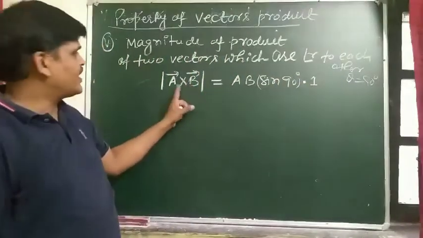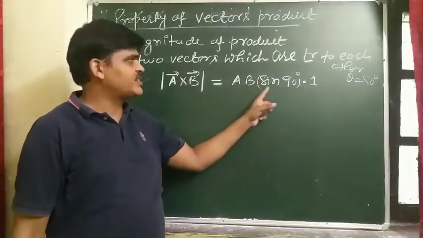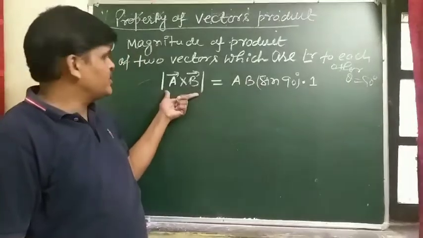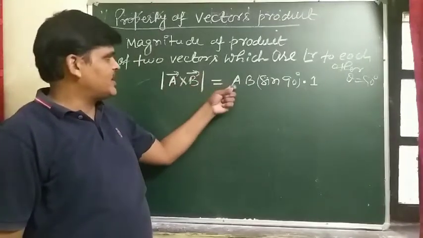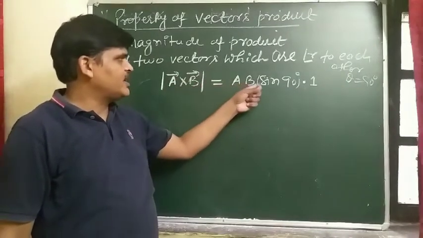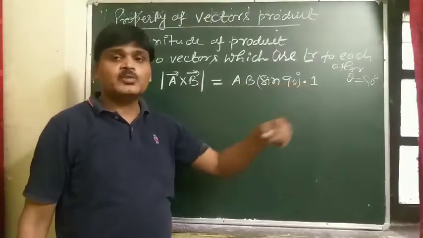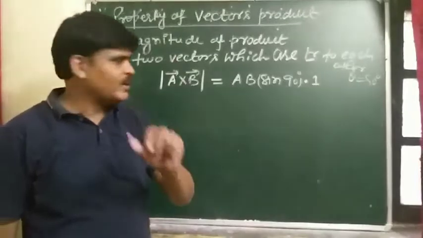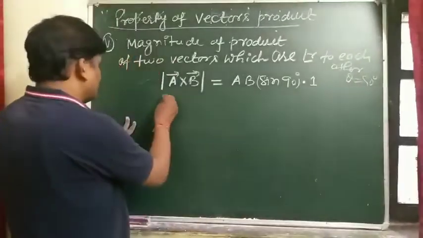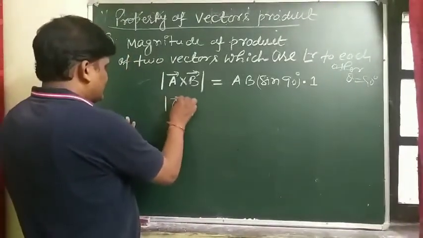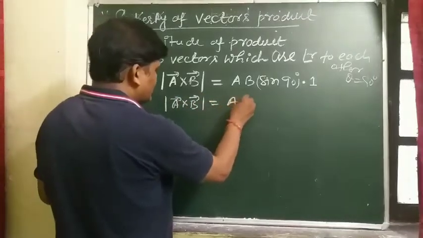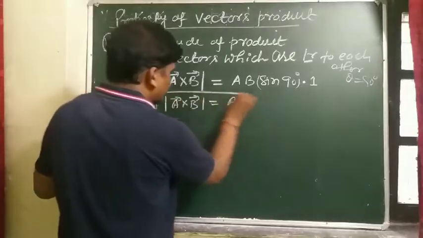Vector A cross B is written as AB sin theta in unit vector, but we have taken the magnitude. So the magnitude of A is A, the magnitude of B is B, sin 90 is 1, and the magnitude of the unit vector is 1.